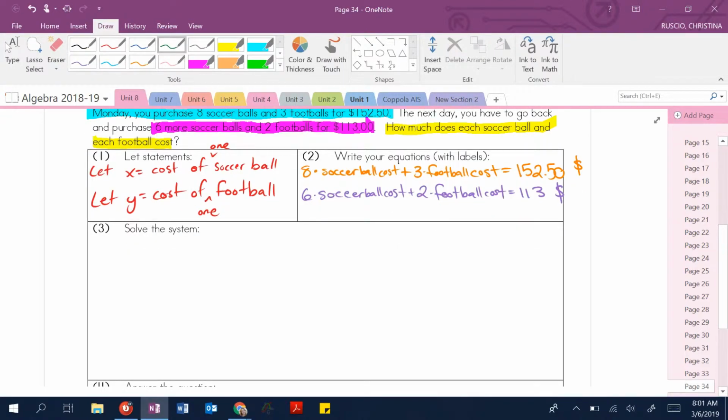We're going to combine 1 and 2 in step 3. So the cost of a soccer ball is X. So everywhere we see soccer ball cost, we're going to put X. And every time we see the cost of a football, that's Y. I'm going to rewrite these equations without the labels, but with the variables so that we can solve.